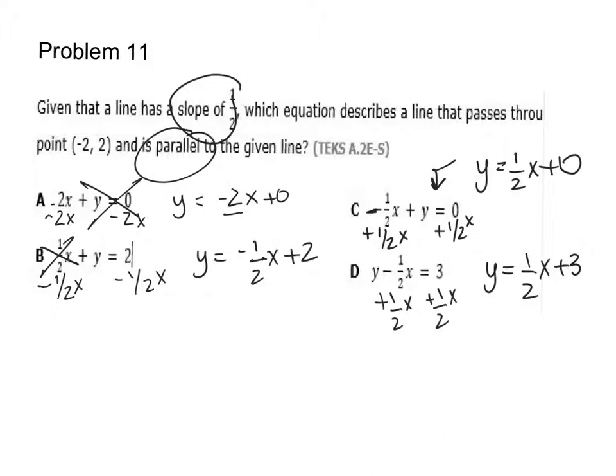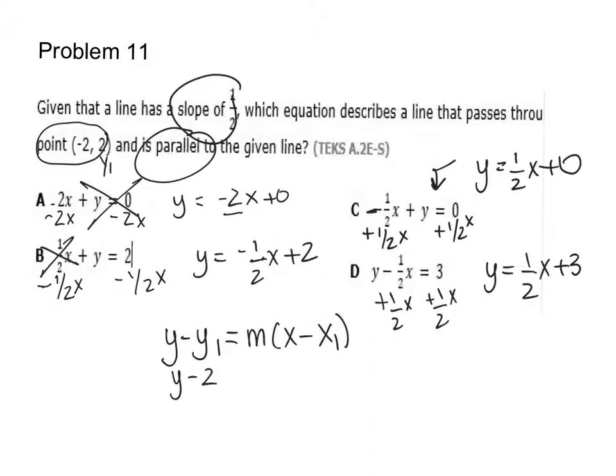Now the extra information they give us is that it must be at point negative 2, 2. So what you can do is that point is in point-slope form. So we're going to do y minus y1 is equal to m times x minus x1. y1 is 2, so we get y minus 2 is equal to my slope, which is 1/2, times x minus my x1, which is negative 2.